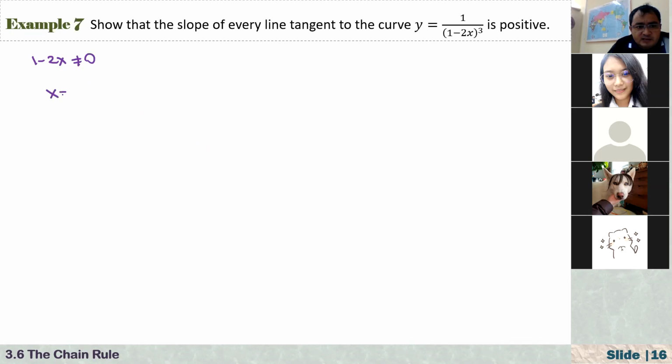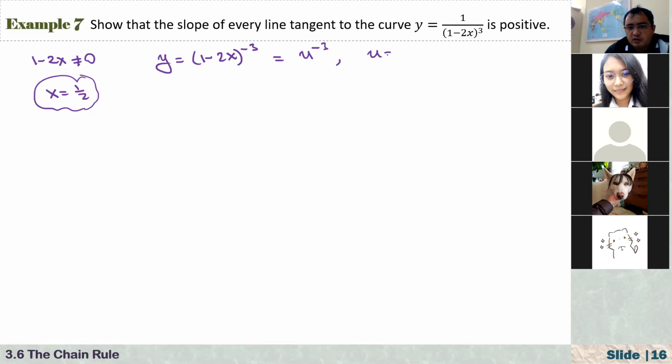That means that x equals 1 over 2, right? It's not in the domain of the function. So I'll just consider this when x is not equal to 1 over 2. So now I can just write the y function as 1 minus 2x to the power of minus 3, or I can just write that as u to the power of minus 3, where u is 1 minus 2x.